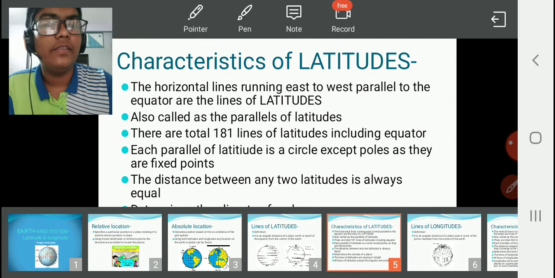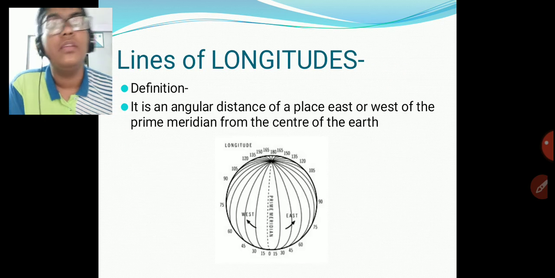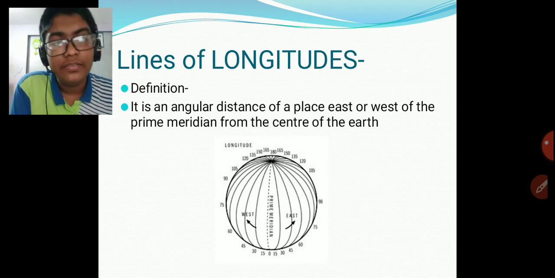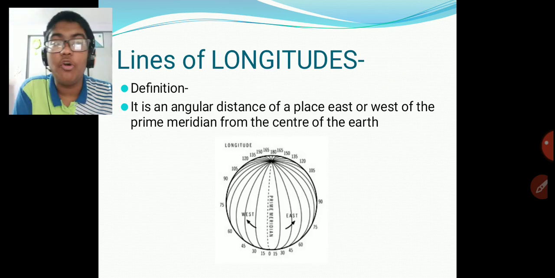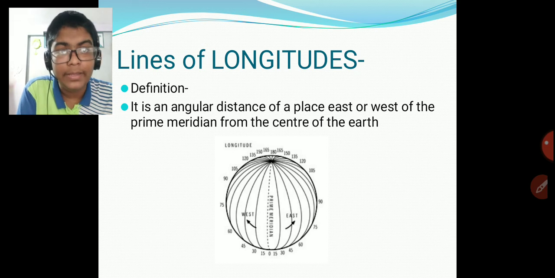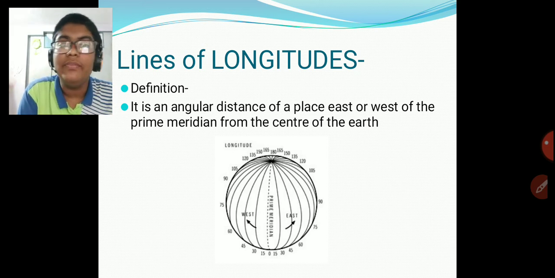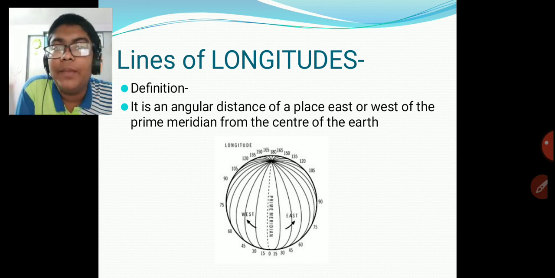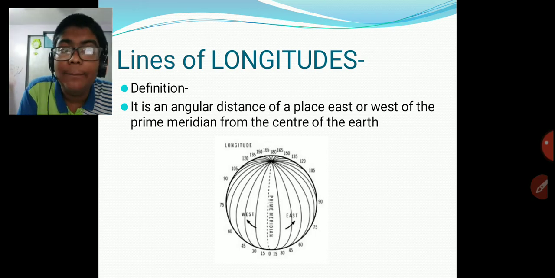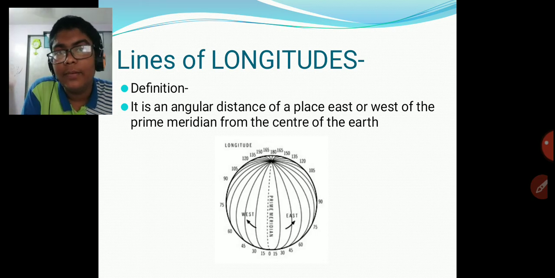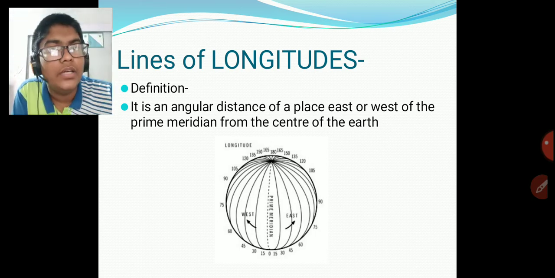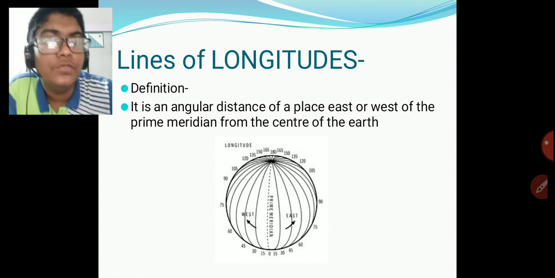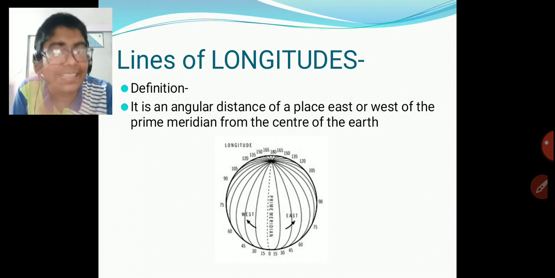For now, let's move to longitudes. Longitude is the angular distance of a place east or west of the prime meridian, from the center of earth. As we saw, the equator was the prime latitude. Here the prime meridian is the main longitude. Now it is east or west.